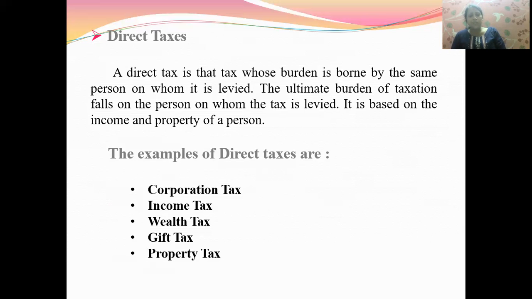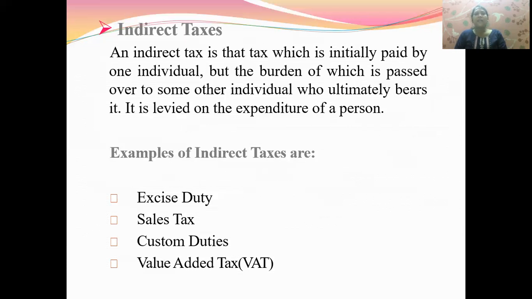So let us see what are the examples of direct taxes, like corporation tax, income tax, wealth tax, gift tax, property tax. All these are examples of direct taxes. If we consider indirect taxes, an indirect tax is that tax which is initially paid by one individual, but the burden of which is passed over to some other individual who ultimately bears it.